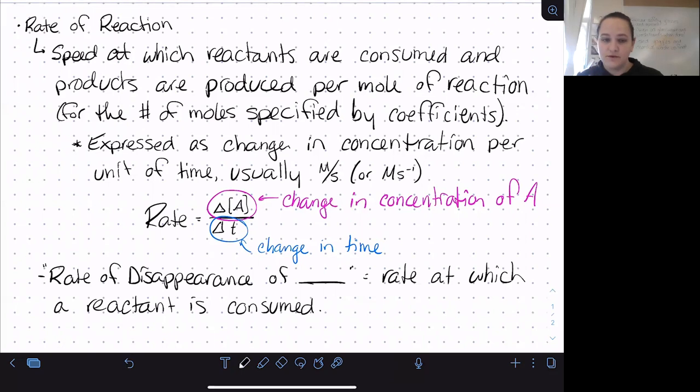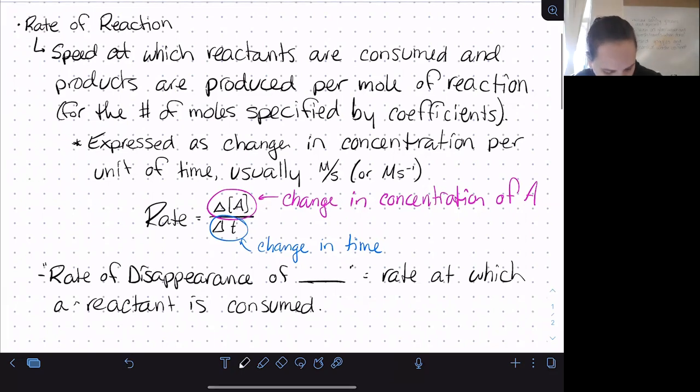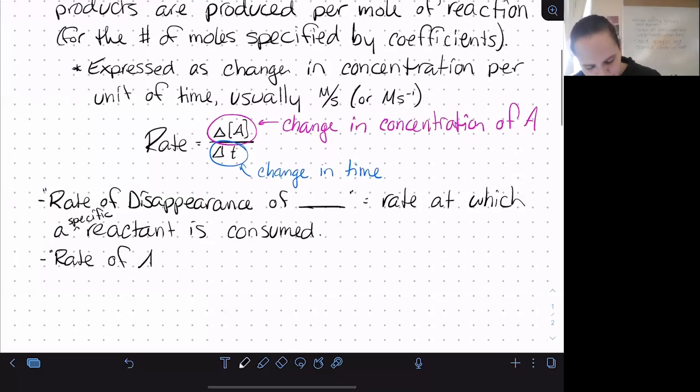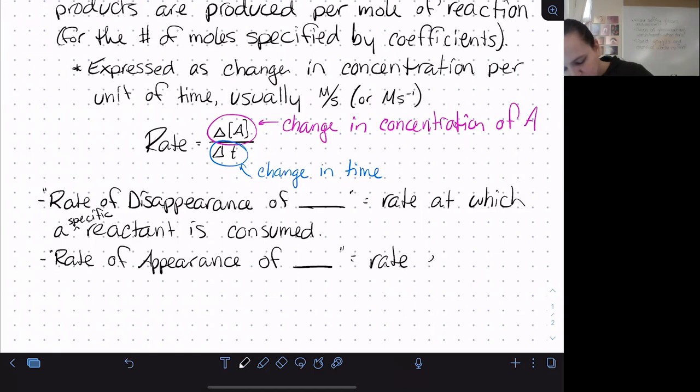And that would be one specific reactant. Or sometimes you'll see rate of appearance of something, which is the rate at which a specific product is being produced.